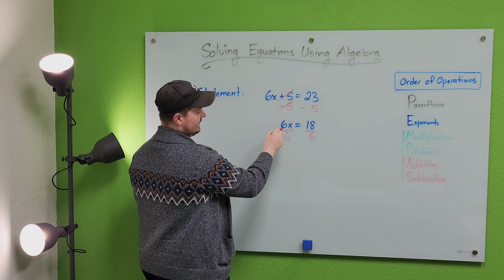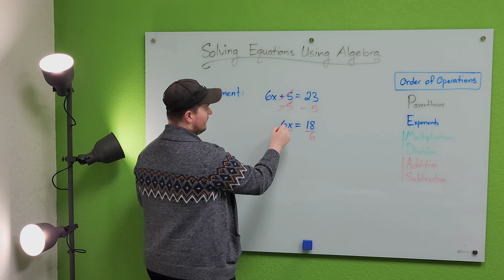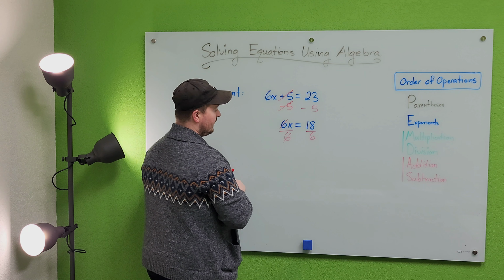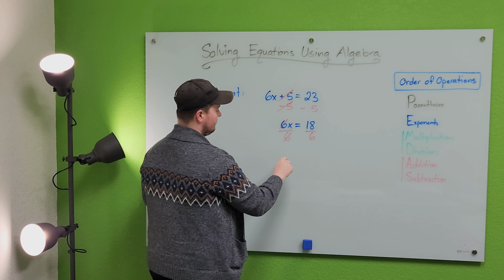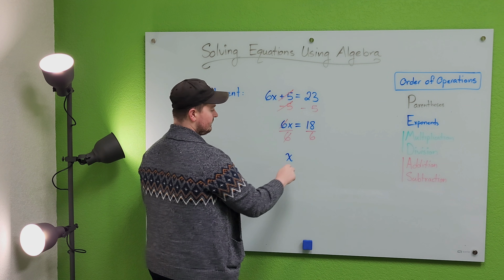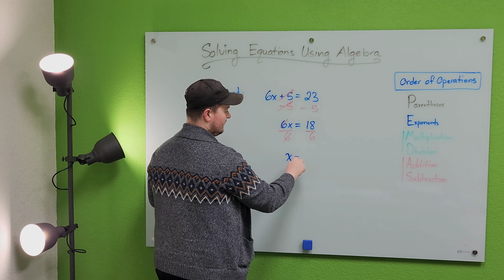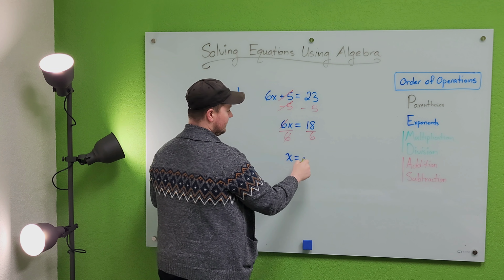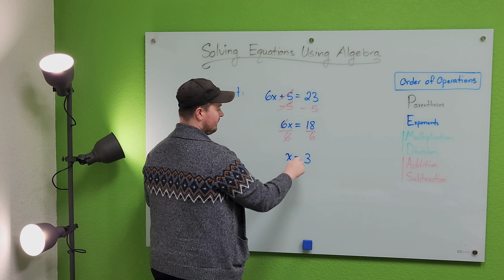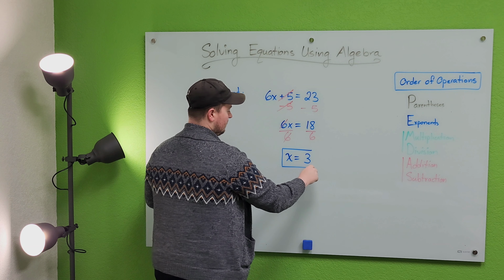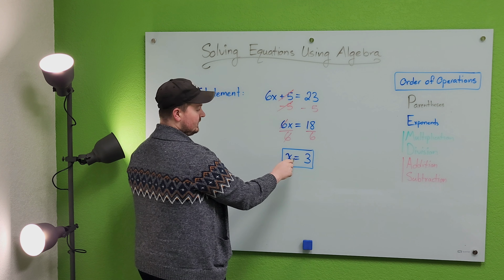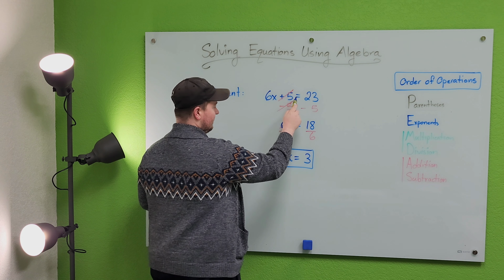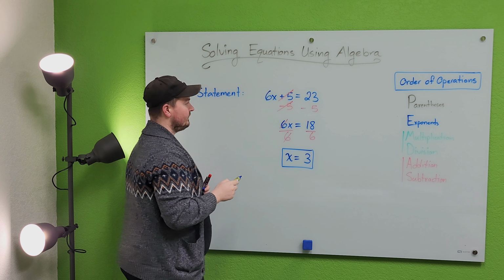So if you multiply by 6 and you divide by 6, those undo each other. Those cancel each other out. And all that's left on this side of the equation is x. I'm going to bring down the equal sign. And now over here, 18 divided by 6 is 3. So if x is 3, this side of the equation will have the same value as 23.